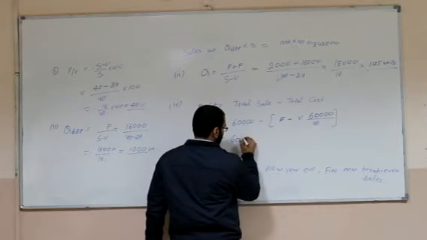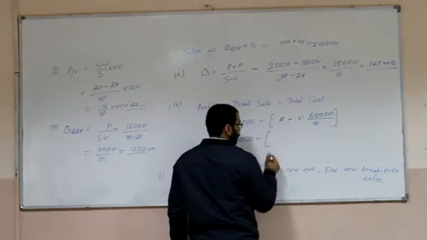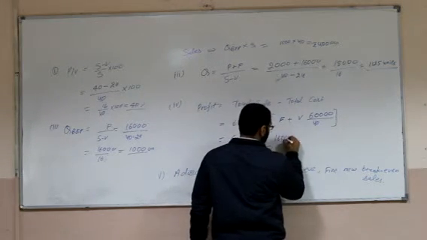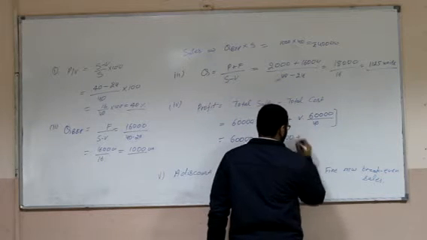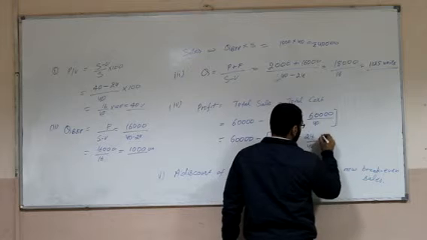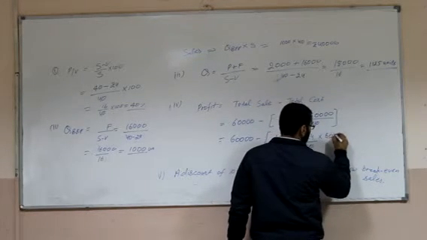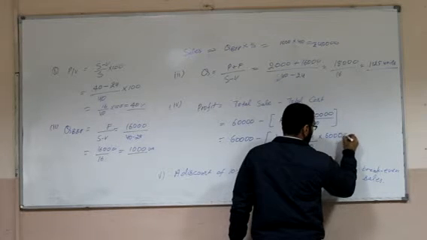So by solving this, 60,000 minus (F is 16,000 plus V is 24 times 1,500 units).